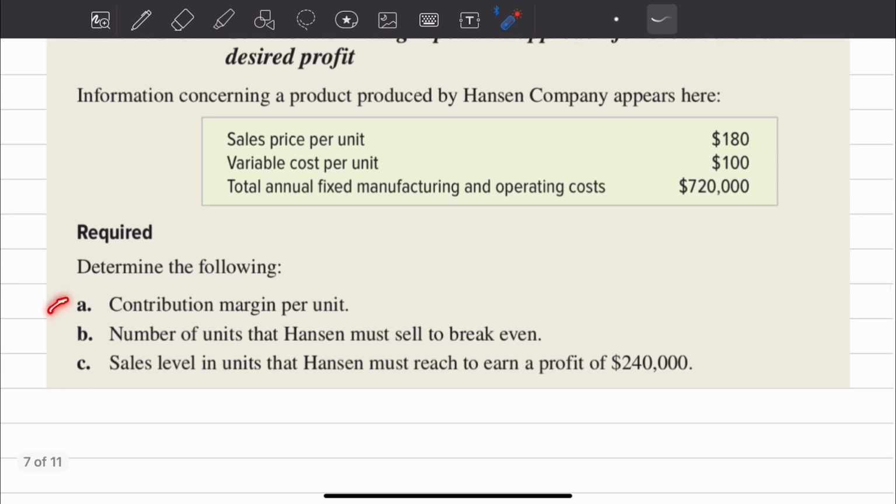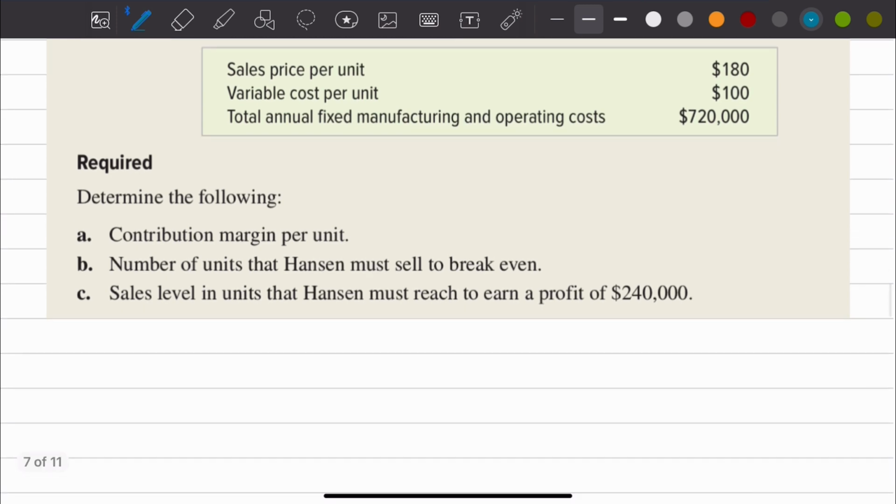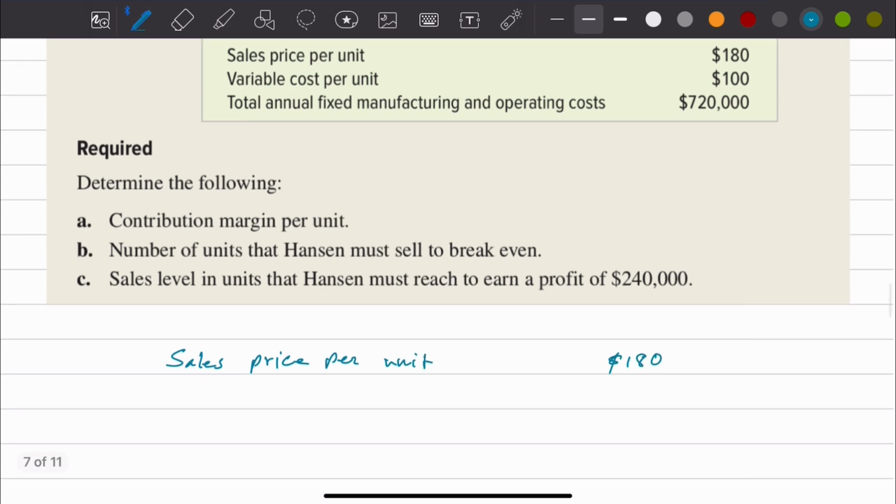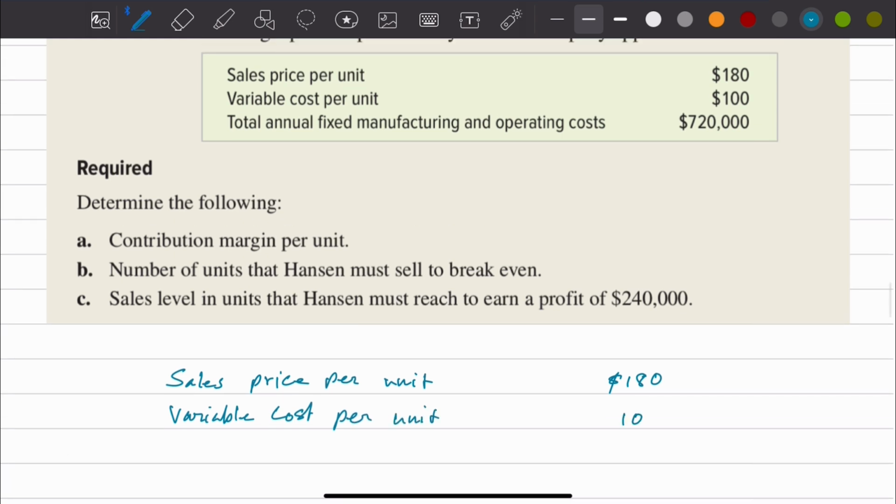A, contribution margin per unit. Okay, so this is simple. We do have the sales price per unit. We do have the variable cost per unit, so we can simply find the contribution margin per unit, and that would be sales price per unit, $180, less the variable cost per unit, which is $100.